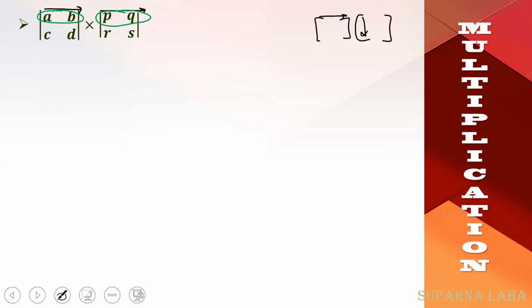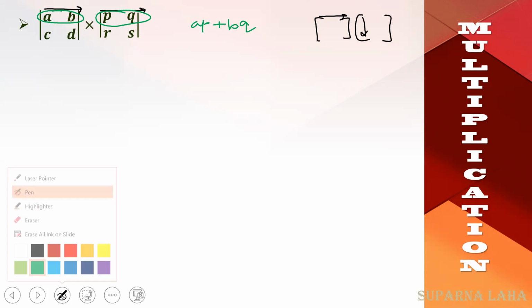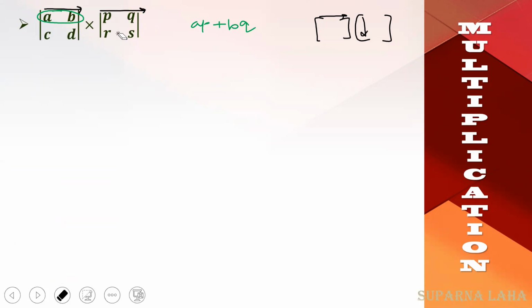So this row multiplied with this row, what you will find is AP plus BQ, and then the first row multiplied with the second row gives AR plus BS.